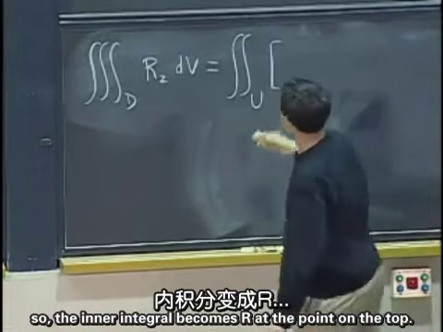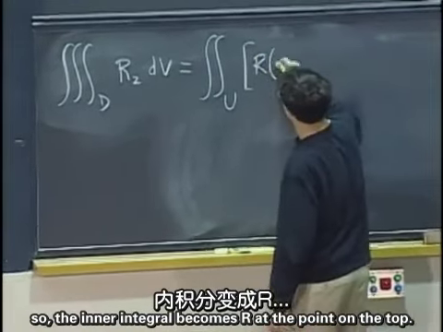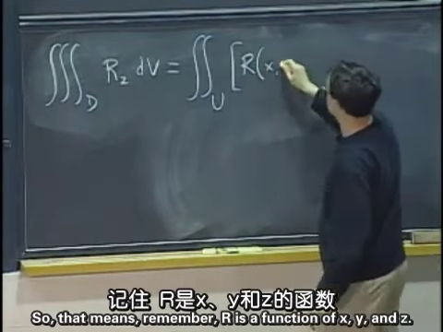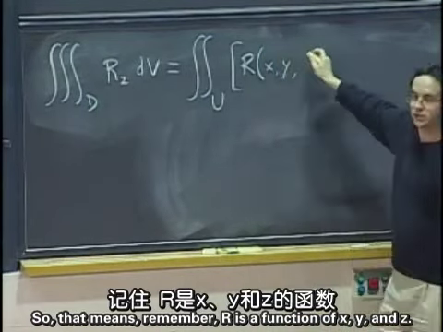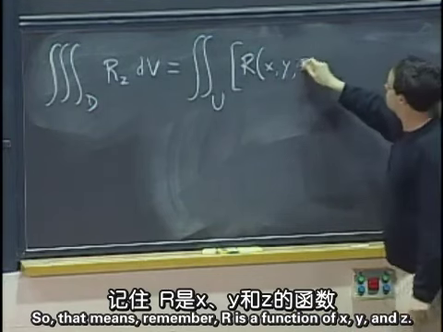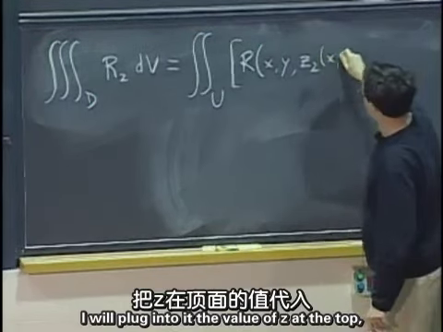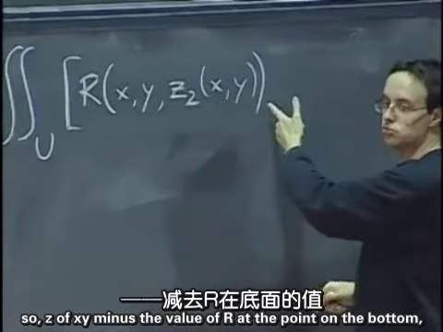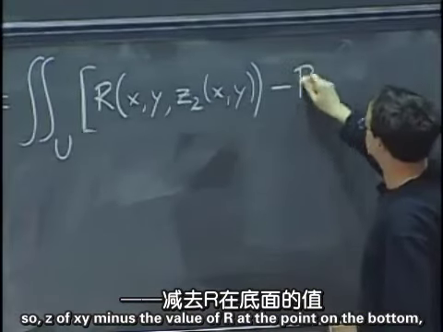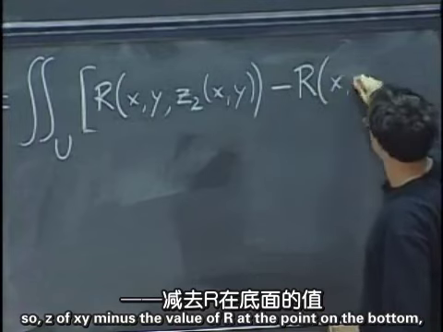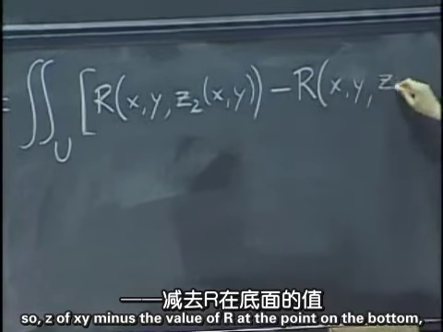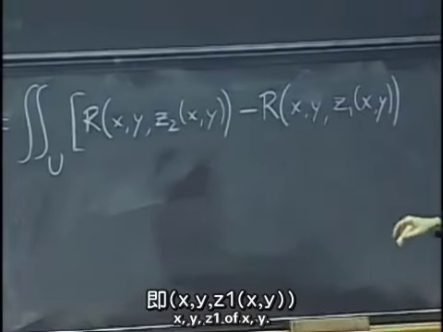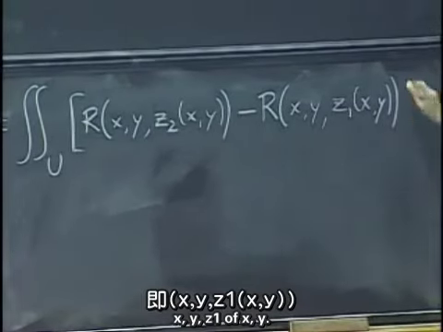the inner integral becomes R at the point on the top. Remember, R is a function of x, y, and Z. And in fact, I will plug into it the value of Z at the top, so Z2 of xy, minus the value of R at the point on the bottom, xy, Z1 of xy.